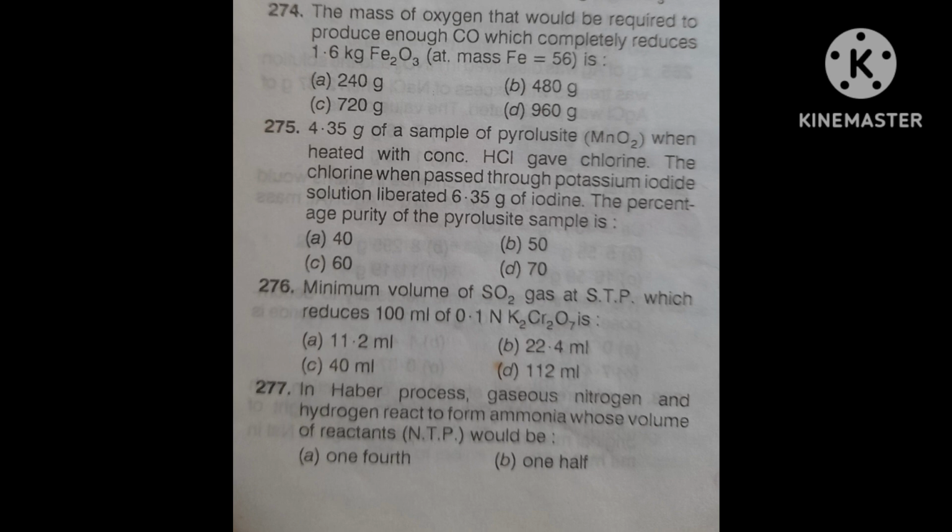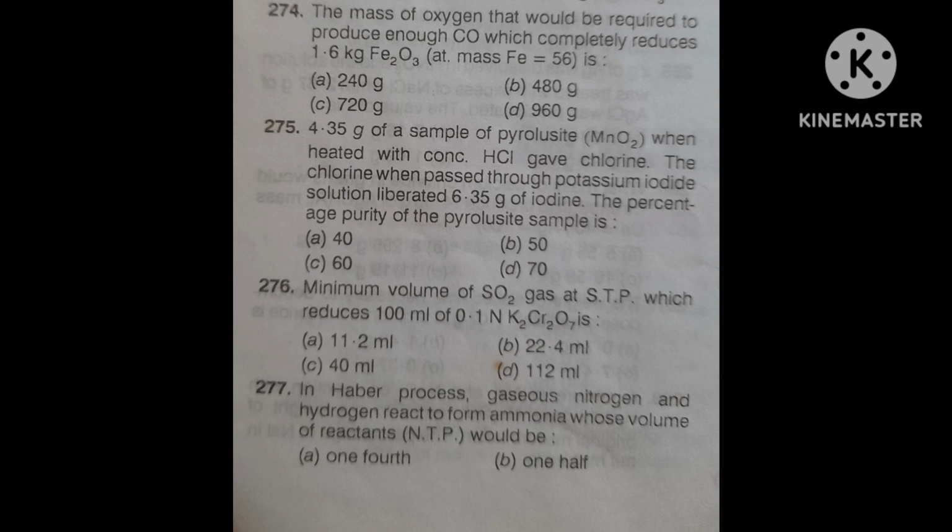In the Haber process, gaseous nitrogen and hydrogen react to form ammonia, whose volume of reactants at NTP would be: first 1/4, second 1/2, third the same, fourth 3/4.